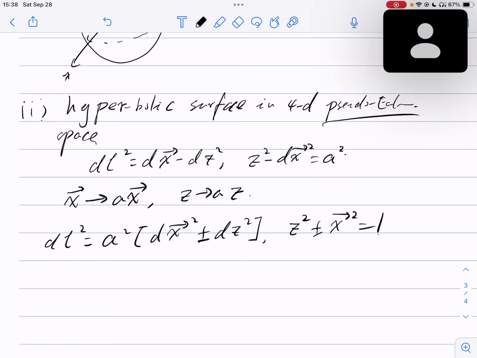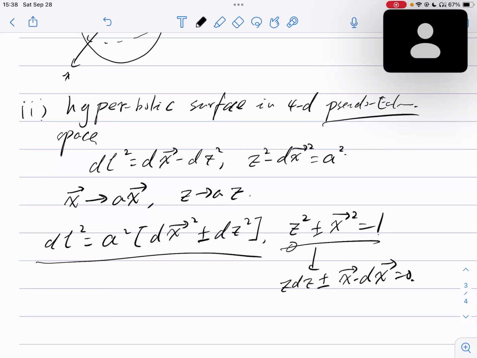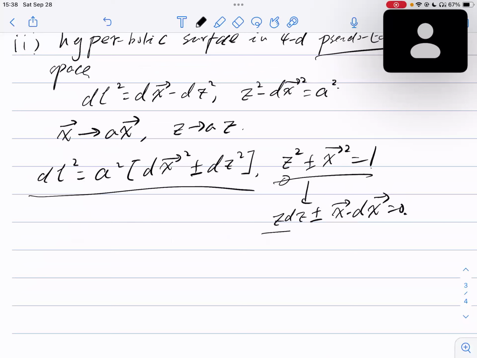Okay, and to simplify this one, we don't want this parameter z to show up in this expression. So we try to eliminate it by making a differentiation of this expression. We obtain z dz equals plus or minus x dx, and use this expression to eliminate z.